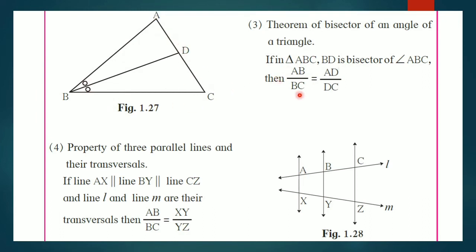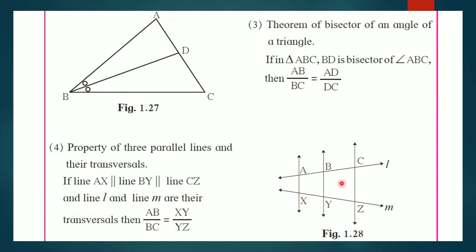And then the property of 3 parallel lines and their transversals that we just discussed in this video itself. If line AX is parallel to line BY is parallel to line CZ, and lines L and M are their transversals, then AB upon BC is the same as XY upon YZ.